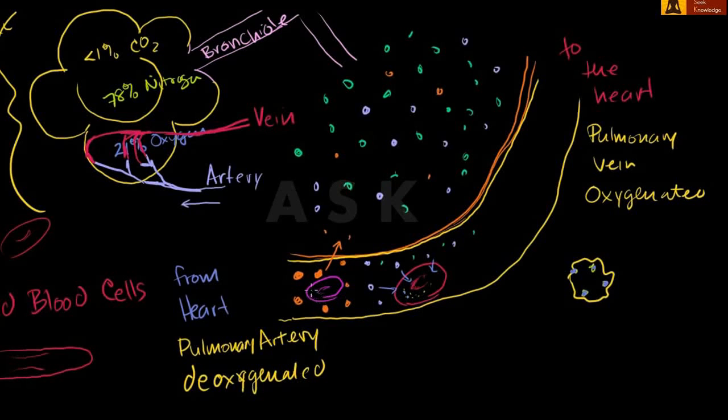But over here, this red blood cell has a bunch of hemoglobin proteins in it, but those hemoglobin proteins have dumped their oxygen. And it actually turns out that with oxygen, hemoglobin looks red. It reflects red light. When it doesn't have oxygen, hemoglobin does not look red.